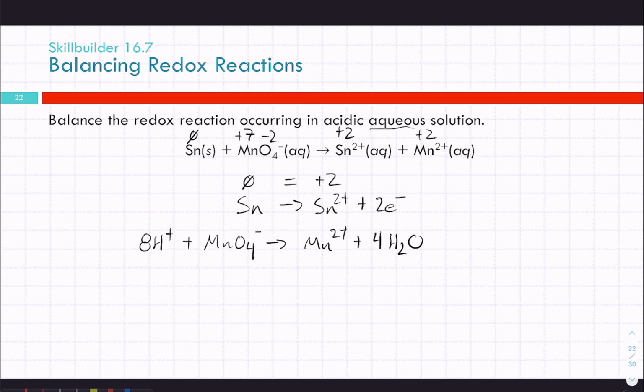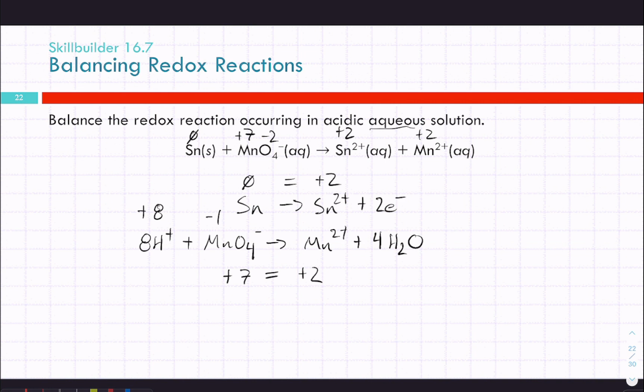It gets slightly more tricky when you add other ions. This is going to be positive 8, and we have a minus 1, so overall positive 7. We could say this is overall on the left, positive 7, and that needs to equal, on the right side, just a positive 2. We can only subtract, so which side are we subtracting from?